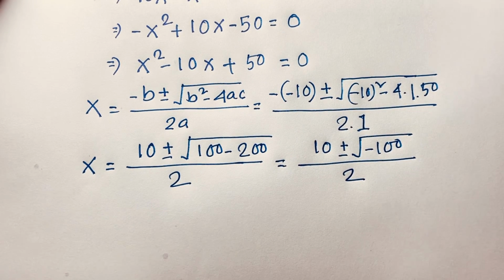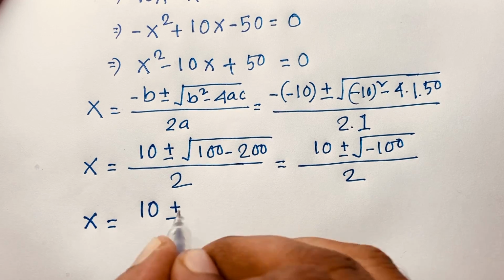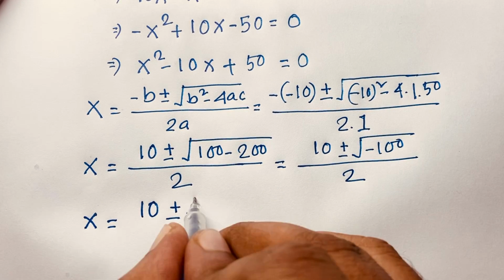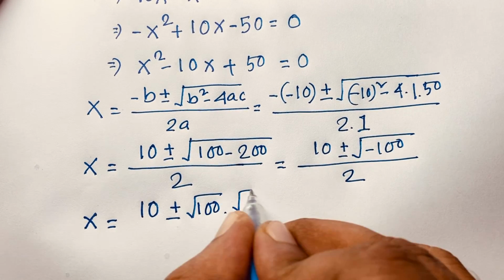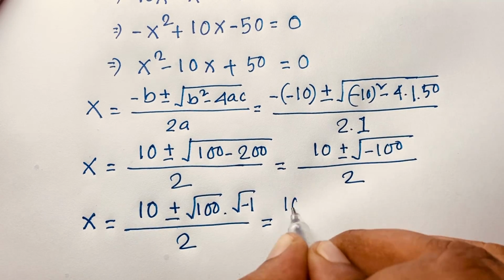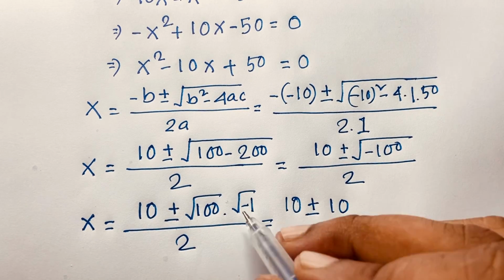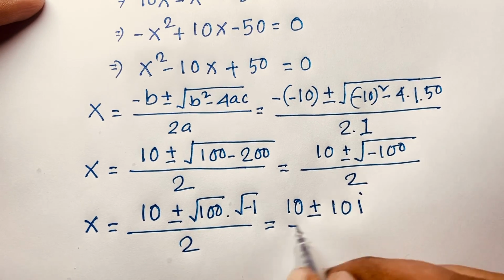Then you can see that here x will be 10 plus minus square root 100 times square root of minus 1, over 2. Then you can say square root 100 is 10, and we know that square root of negative 1 is i, over 2.